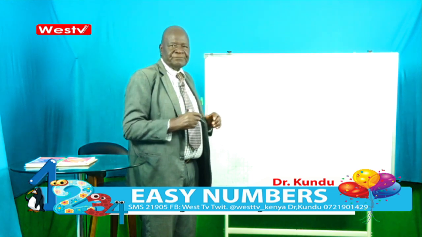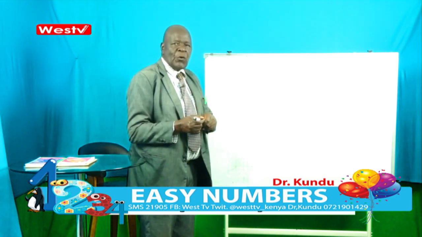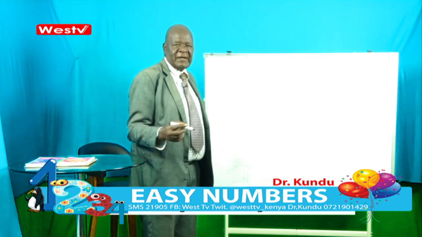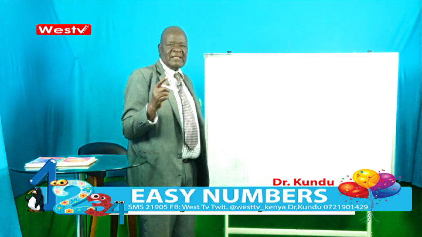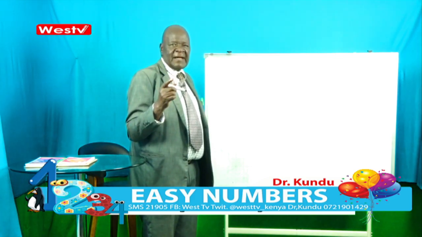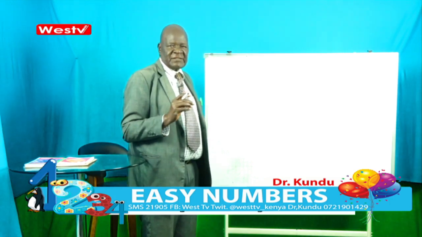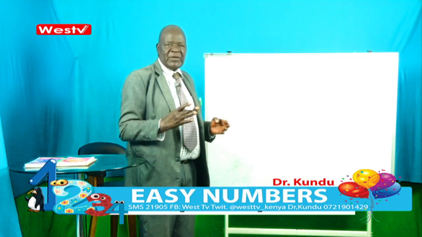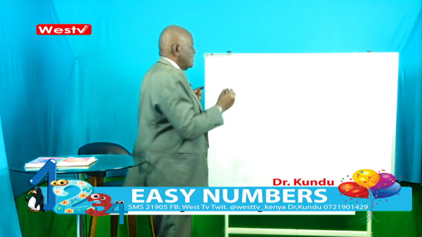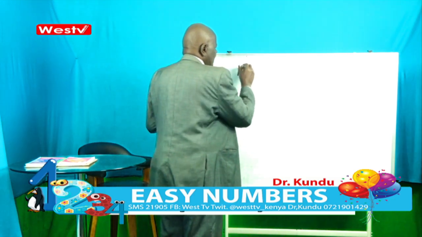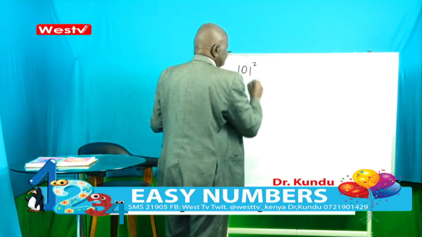And now, let us go a little further and deal with numbers that begin with 1 and end with 1, and the center digits are 0. This time we are squaring. Say 101 squared.